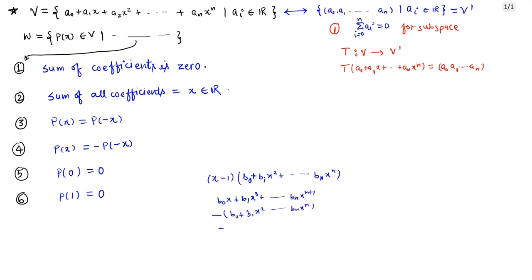So we write minus b naught plus b naught x, sorry, minus b1 x square, or we also write this in the form of x minus 1 multiplied with all coefficients. If we take common b naught here, then we get x minus 1 in multiple of b naught. This becomes a subspace.